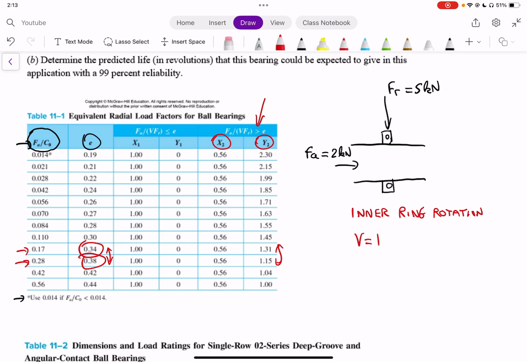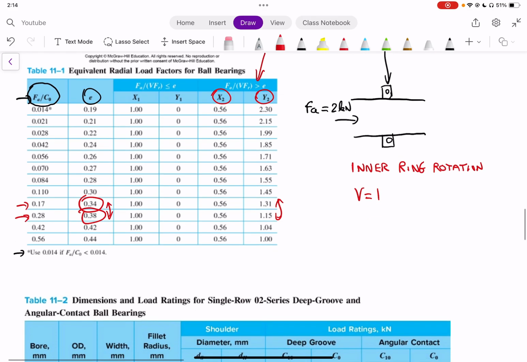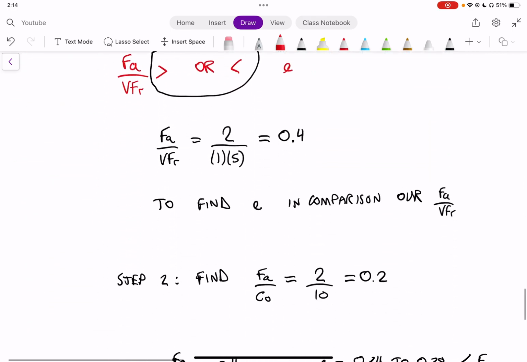Hopefully you know how to interpolate by now, especially if you've taken thermodynamics, which all of you should have taken. Interpolation is very easy. You can look it up and do it yourself. I'm not going to go over how to interpolate between two values in a table.